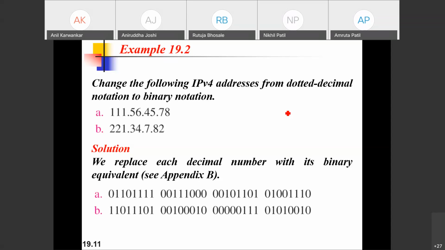But see here, it's very difficult to remember this 32-bit address. Instead of remembering the binary version, it's also not quite easy to remember the dotted decimal, but we can remember this dotted decimal compared to the binary representation. And that's why the 32-bit addresses were represented in a dotted decimal format.